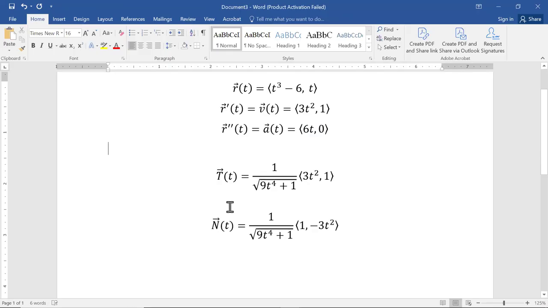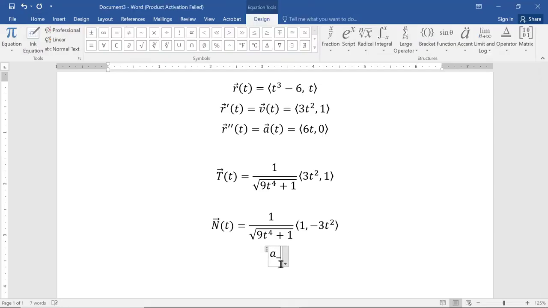Now, like I said, we're going to use a couple of different techniques to find a sub t and a sub n. The first technique I'll use is the dot product. So let's find a sub t using acceleration dot product with the T. That's a little bit of poor notation, but you get what I'm trying to say, I hope.